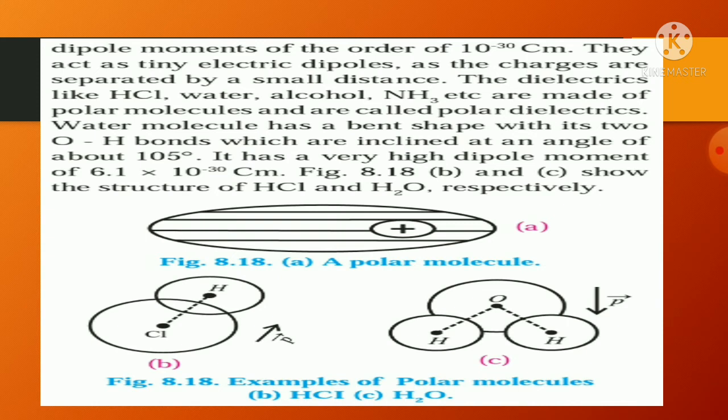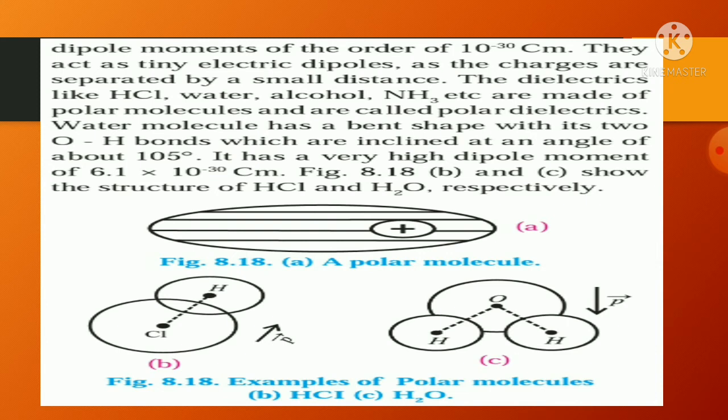The water molecule has a bent shape, with the two O-H bonds, that is oxygen single-bonded to hydrogen, inclined at an angle of about 105 degrees.